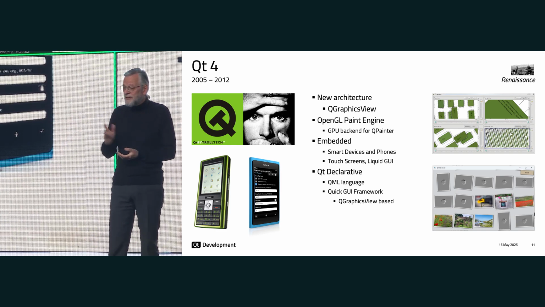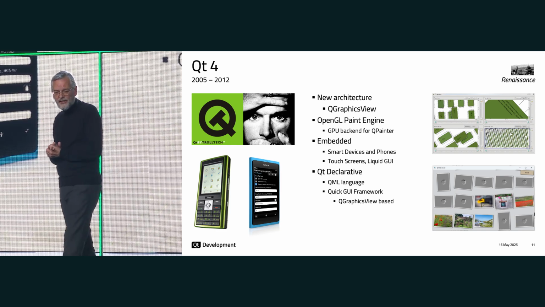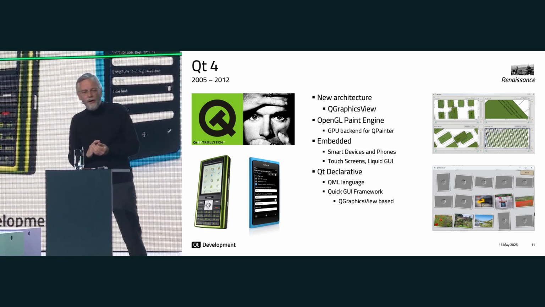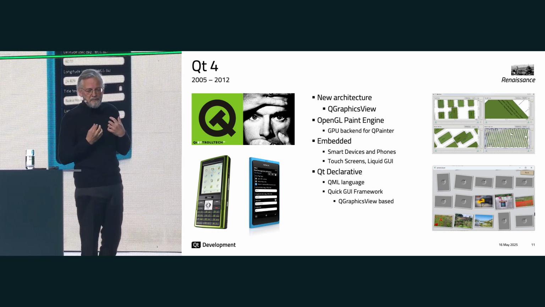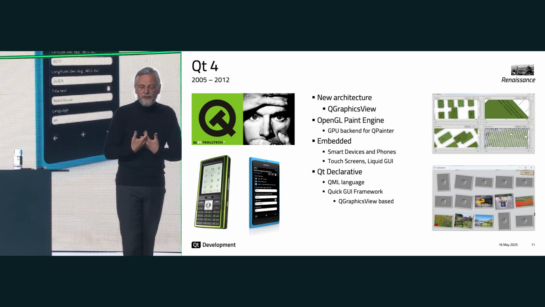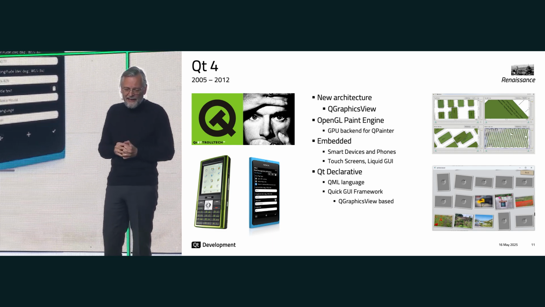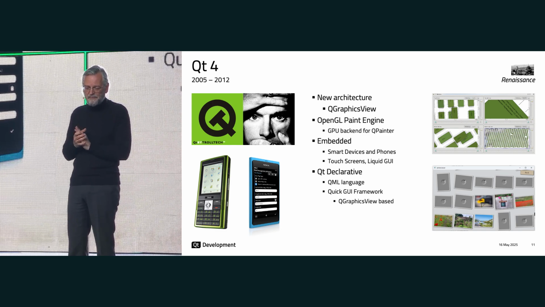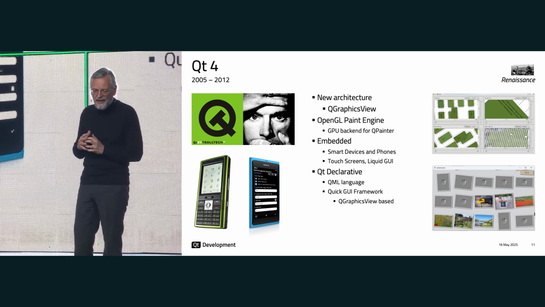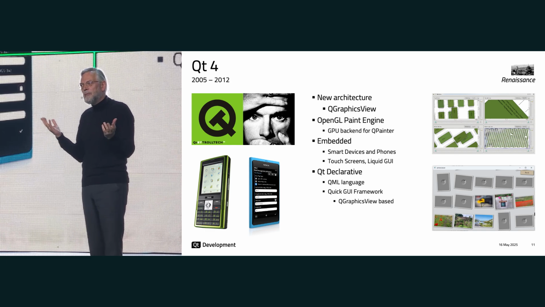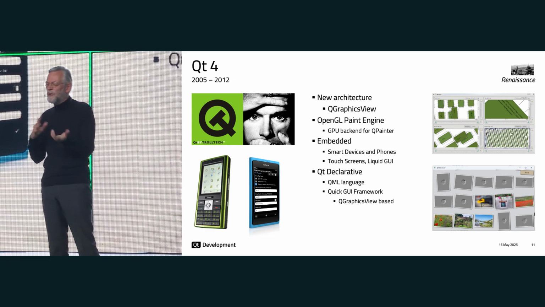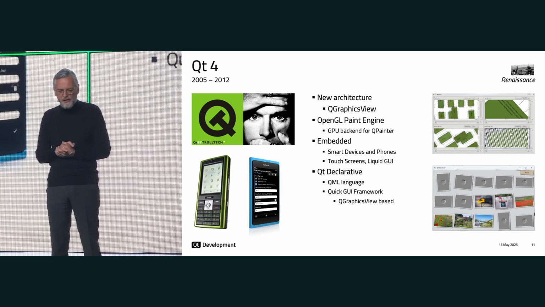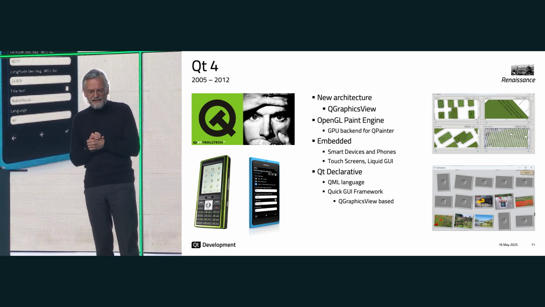Qt 4 also introduced the OpenGL paint engine, an alternative backend to QPainter that allowed the rendering to happen on the GPU, actually. So while still using the QPainter API, you had GPU rendering. It showed great performance for some things, but less so for others because of all the state changes. It was a kind of impedance mismatch between the APIs there.